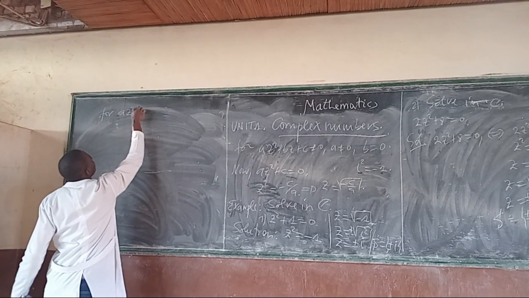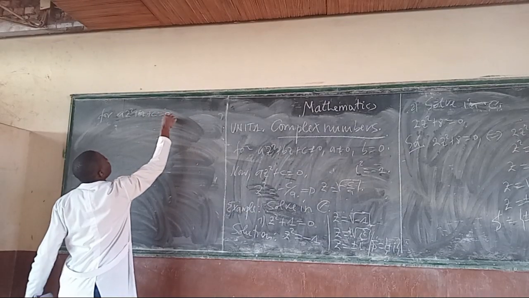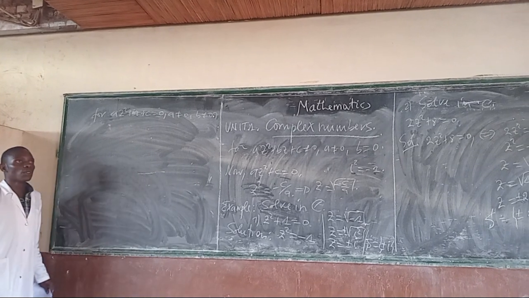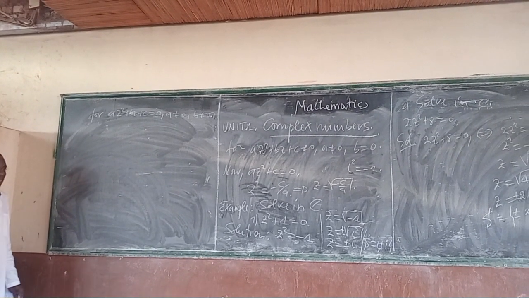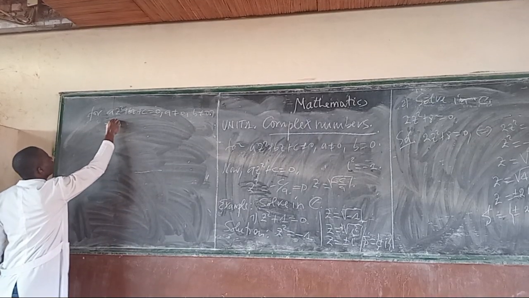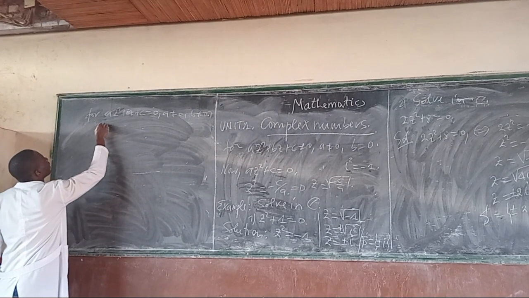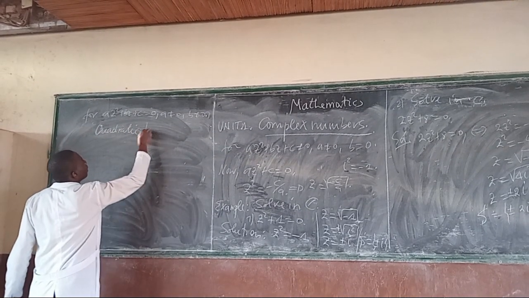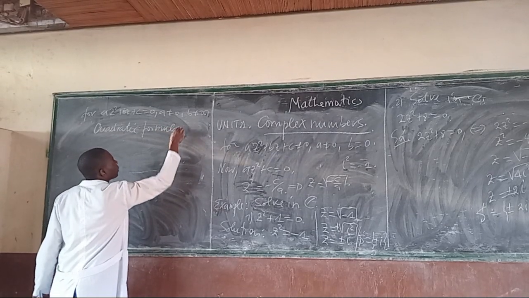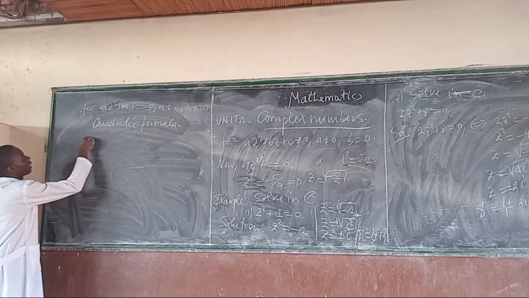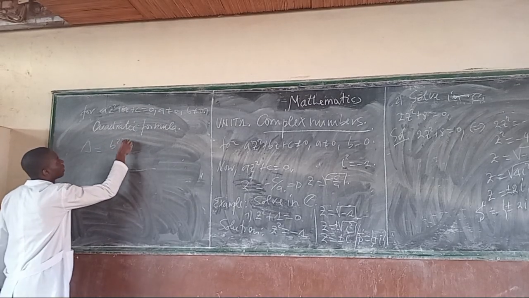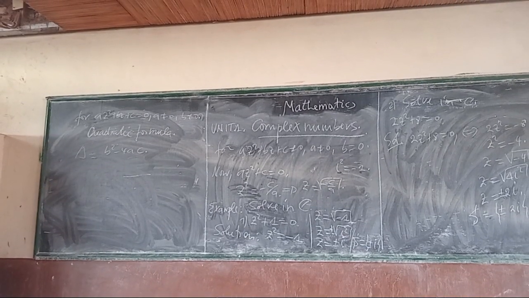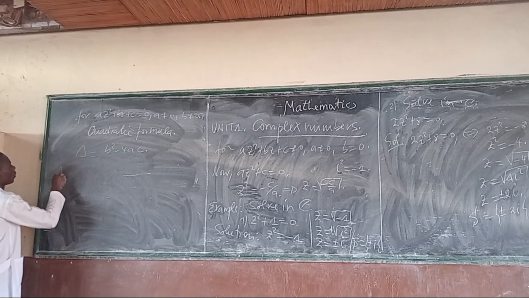Now, for the case of az squared plus bz plus c equal to 0, where a is different from 0 and b is different from 0, we use the quadratic formula. The discriminant, which you normally know, is written as b squared minus 4ac.